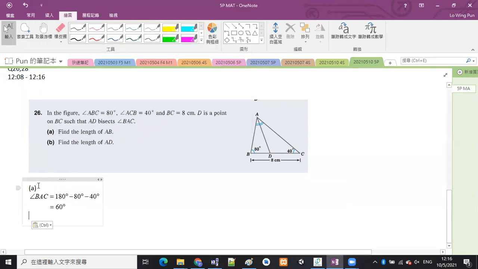Okay, and then in triangle ABC, the large triangle, you see that we have one pair of corresponding length and angle, because we have found that this one is equal to 60 degrees. If I choose this pair of corresponding length and angle, then AB is corresponding to 40 degrees, right?